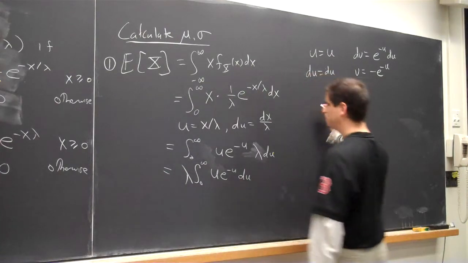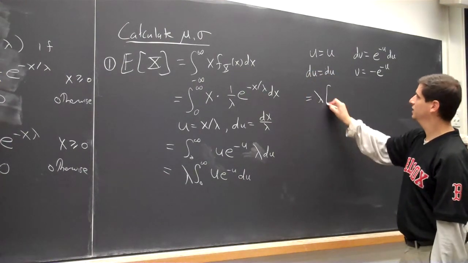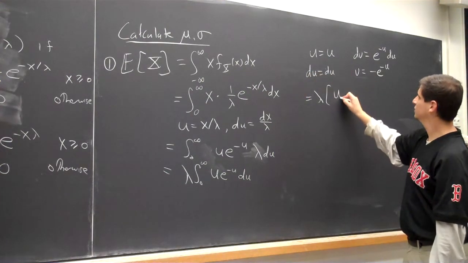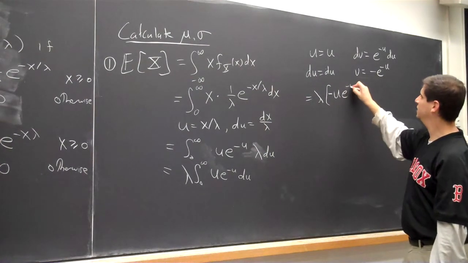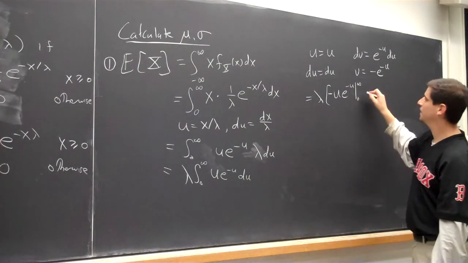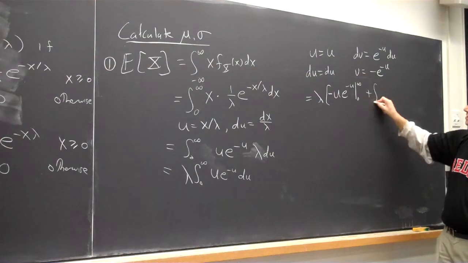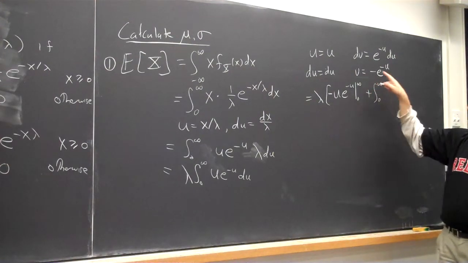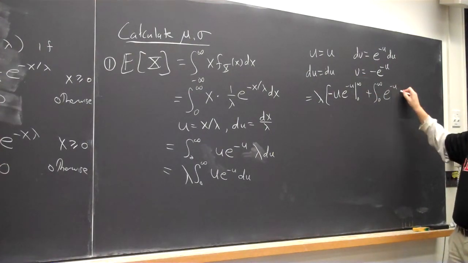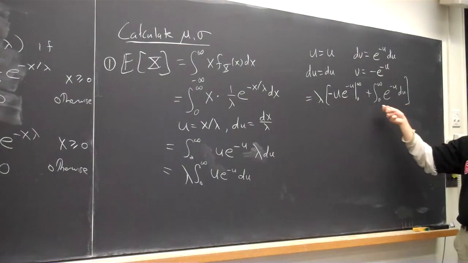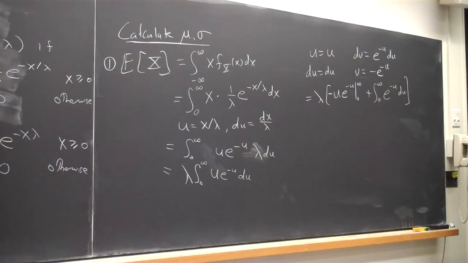Alright, so now we get the expectation equals lambda, then we have uv, so negative u e to the negative u at 0 and infinity. Minus and a minus becomes a plus, integral from 0 to infinity of v du, so e to the minus u du. What's the integral of e to the minus u du from 0 to infinity?